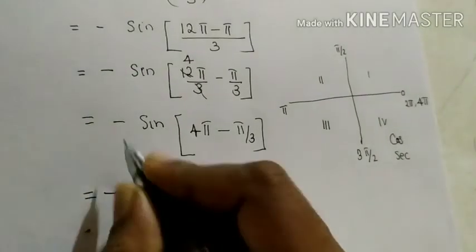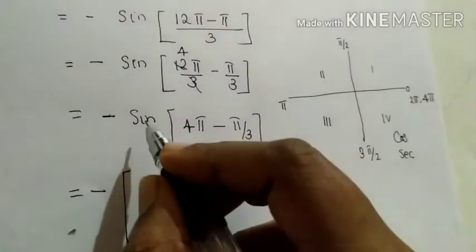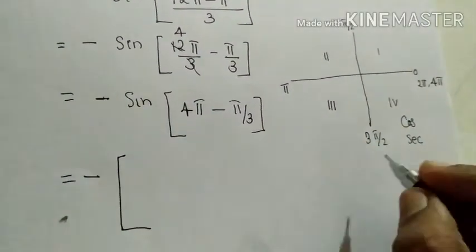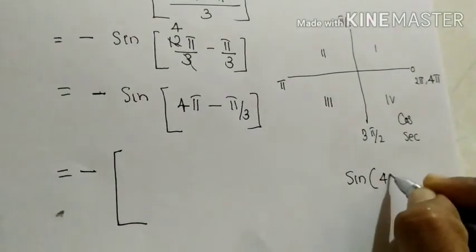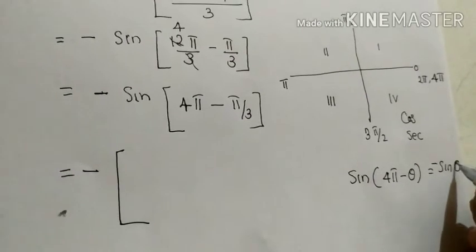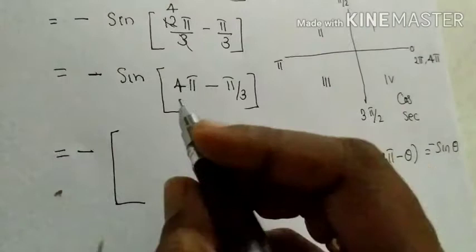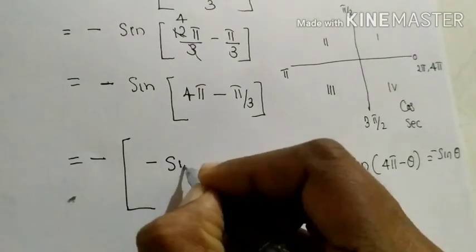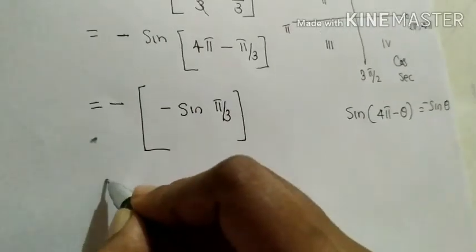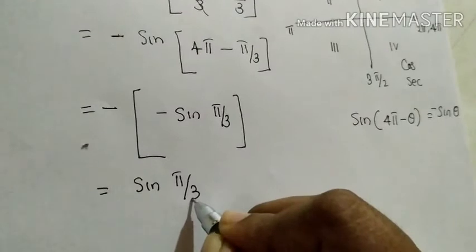So I am writing this minus here, and sine of 4 pi minus theta is equal to minus sine theta. Replacing theta by pi by 3, we get minus sine pi by 3 here, and this minus of minus will become positive, and the answer will become sine pi by 3.